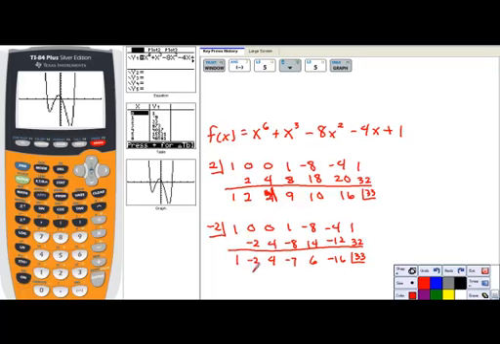Now I can see from my lower bounds test that I'm alternating signs all the way across, including the remainder. Positive, negative, positive, negative, positive, negative, positive. And that's exactly what I'm looking for in the lower bounds test. This means that there are no zeros to the left of -2, and that this graph shows all of the x-intercepts of this function, all of the real zeros of this function.